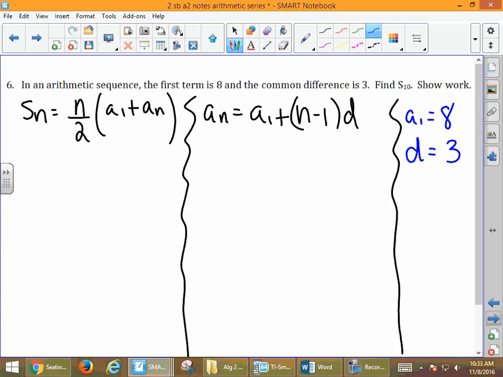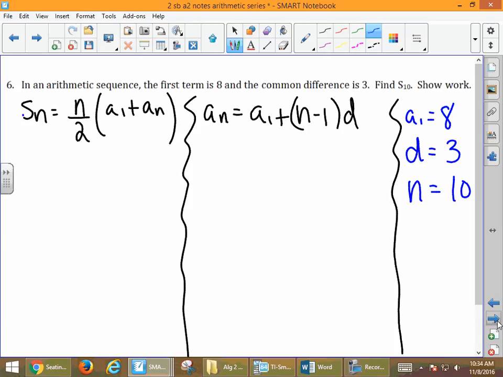What else do we know on this one? Jordan? What's n? N is 10. The sum of the first 10 numbers. If you're not sure where that came from, sum of the first 10 numbers. So we know a lot.